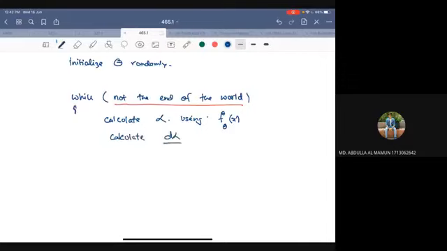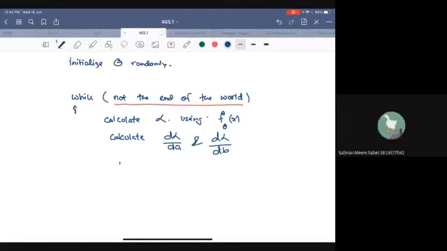Calculate dL by dA and dL by dB. Can we calculate these two?